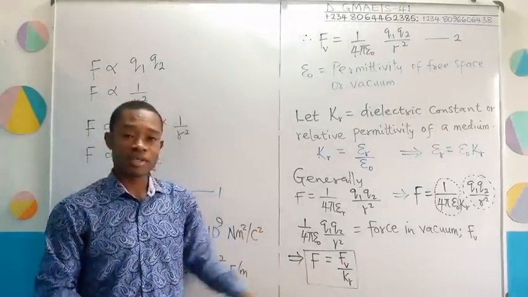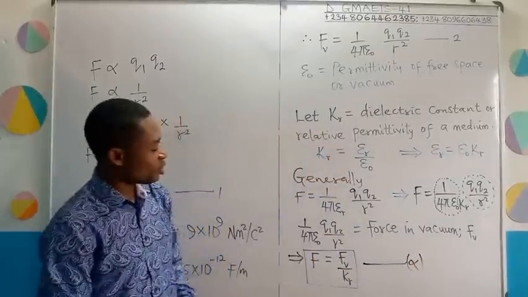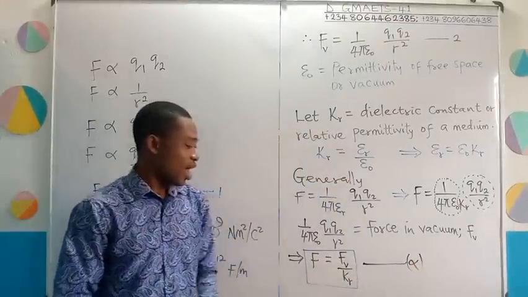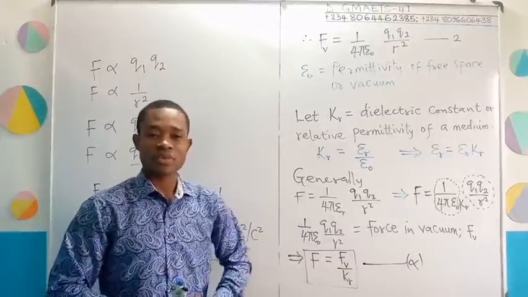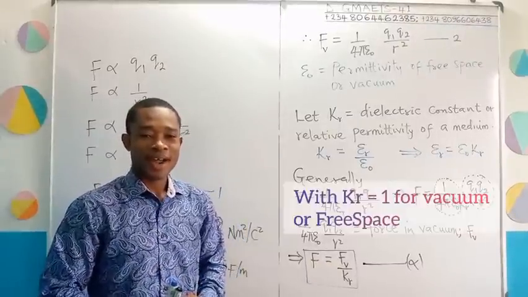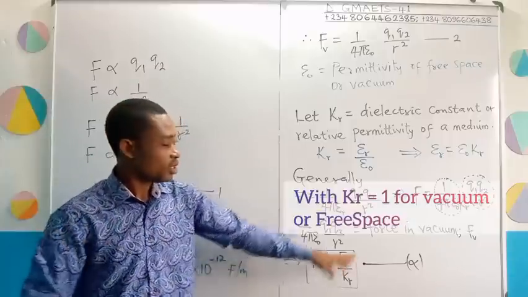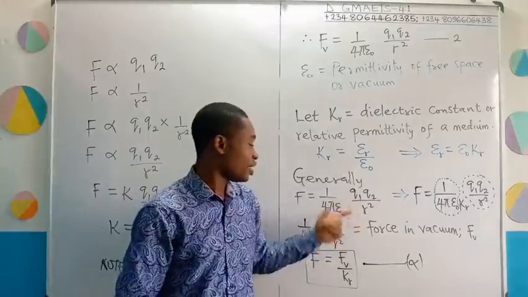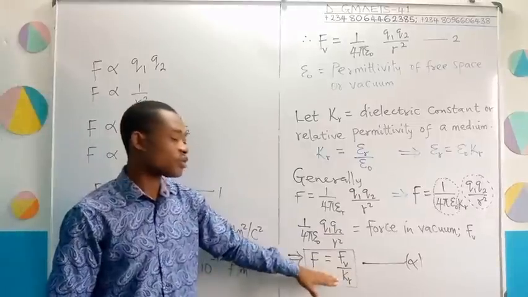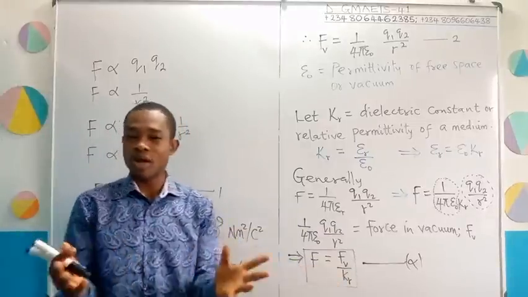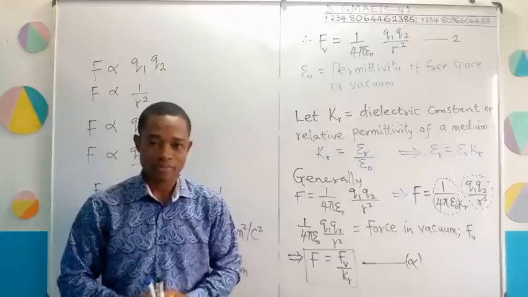And that gives us this equation. So I'm going to call this equation alpha, and I'd like to refer to it as a general equation in terms of stating Coulomb's law, so that it takes care of any other medium. This formula and this formula are the same, but this will help us to solve certain kinds of questions like what I am going to dictate now. We are going to quickly get the result.